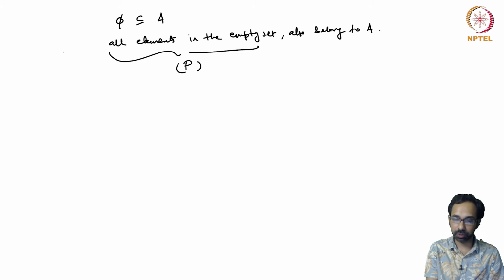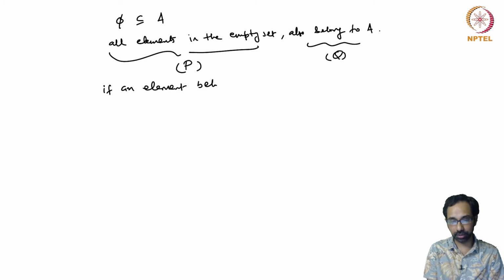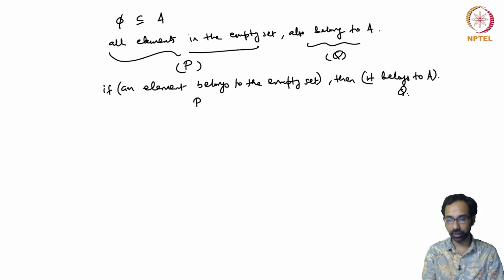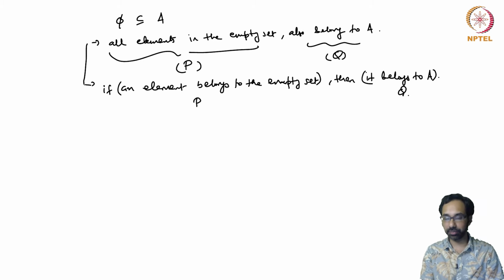you can also write it in terms of an if-then statement. If you put this as Q, then you can rewrite this as: if an element belongs to the empty set, then it belongs to A. So here now, this part is your P and this part is your Q, and these both mean the same thing, but I've rewritten it in terms of an if-then statement.